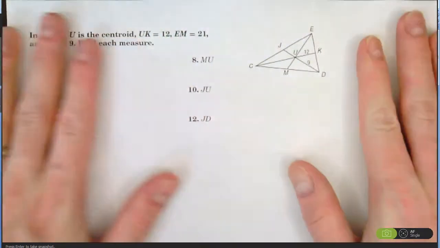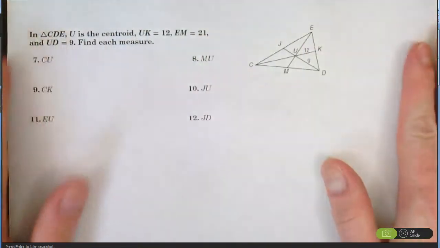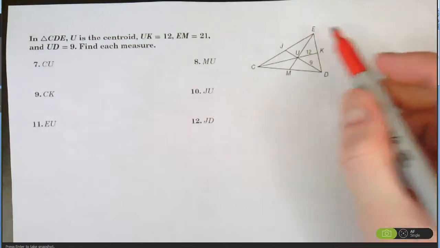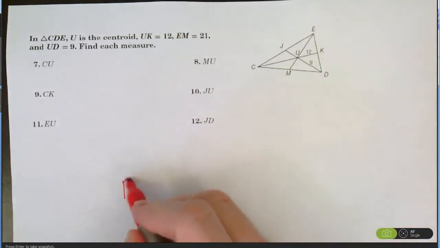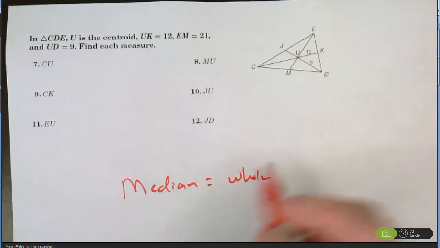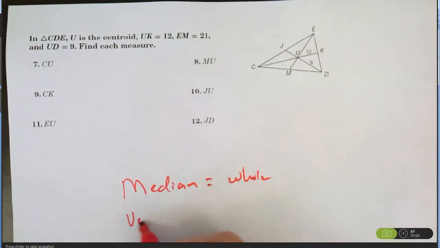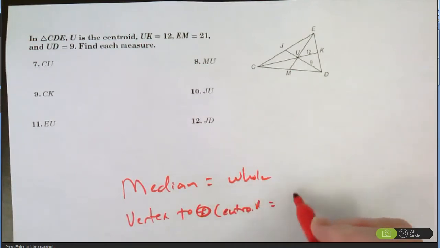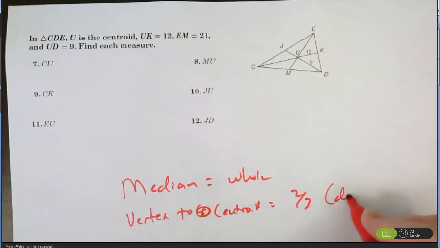Okay, so here's a quick little video of me going through some of the problems for section 5.2. So again, the key with the centroid is the longer segment, you've got the whole median. From the vertex to the centroid is 2/3, or double the small.